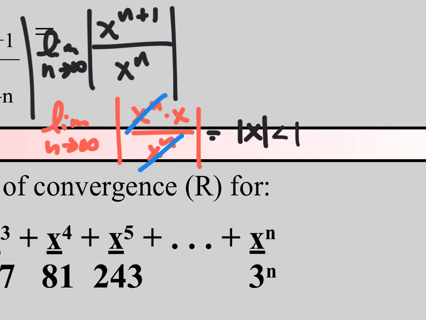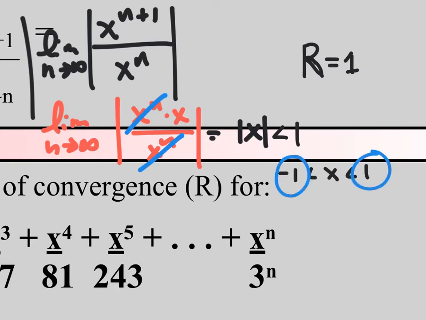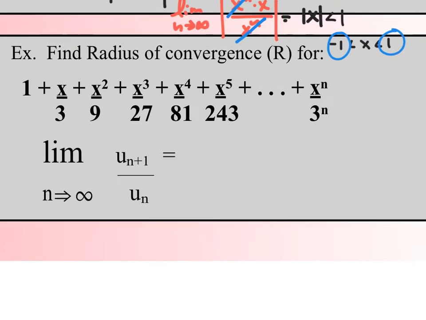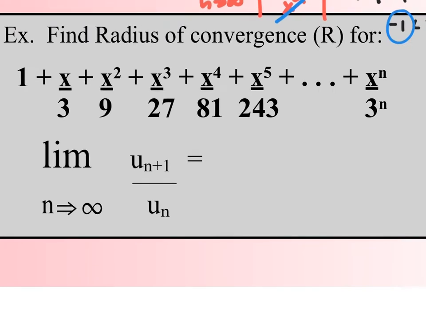Therefore, our radius, r, in this case, the coefficient of x there is 1, therefore the radius of convergence would be 1. Now the interval of convergence, if I were to drop those absolute values, is going to require us to then test these endpoints, because potentially that interval could include those endpoints, or include one and not the other, or not include either of them. So let's find the radius of convergence here for the second one.